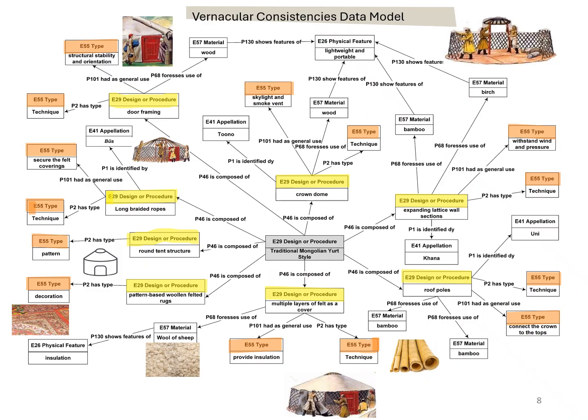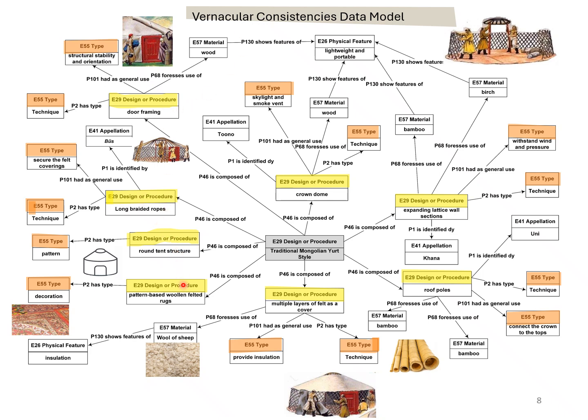Here is a data model structured according to CIDOC CRM classes and properties and used to represent and document these consistencies. Techniques, decorations, and patterns used in a specific vernacular style are all modeled as instances of the class E29 design or procedure.